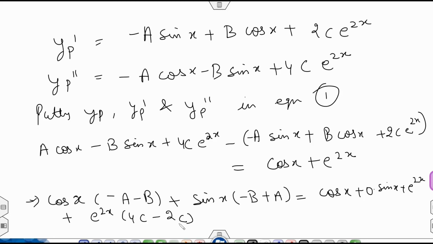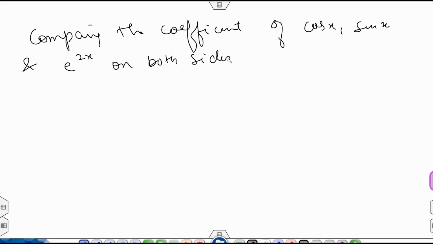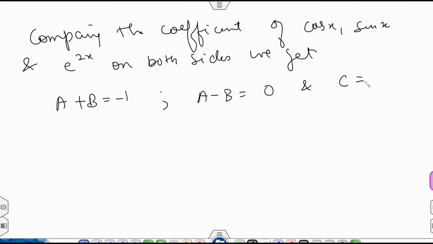Now comparing the coefficients of cos x, sin x and e to the power 2x on both sides, we get a plus b equal to minus 1, a minus b equal to 0, and 2c equal to 1.